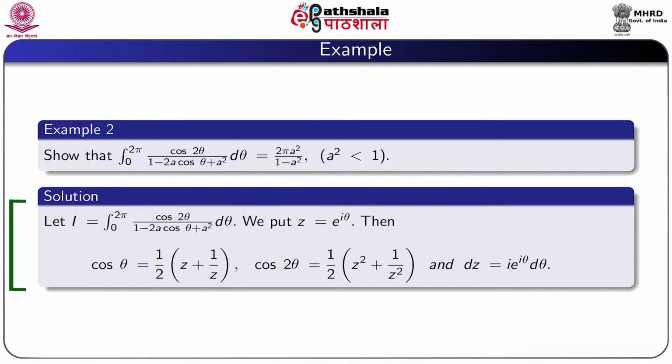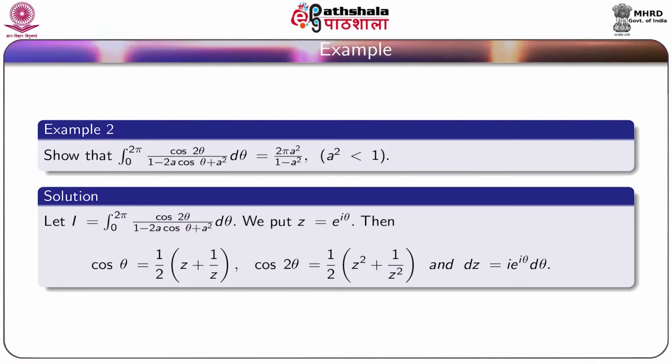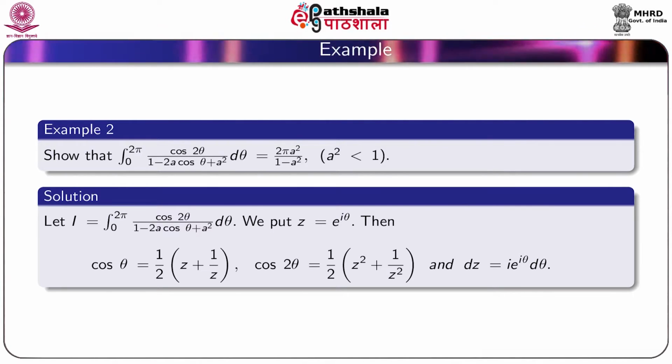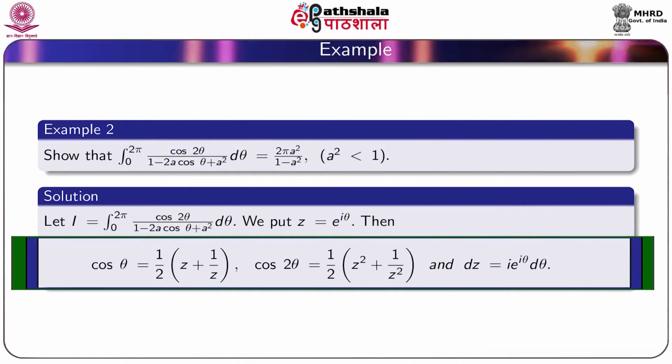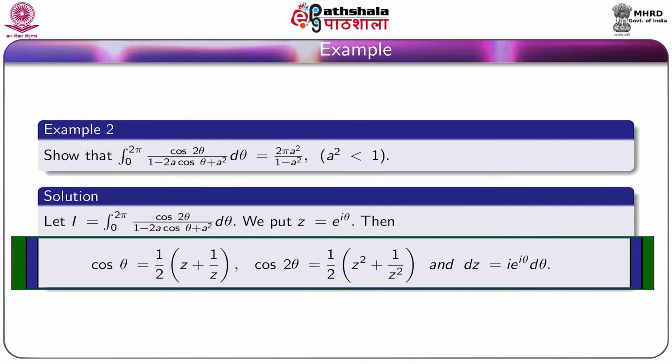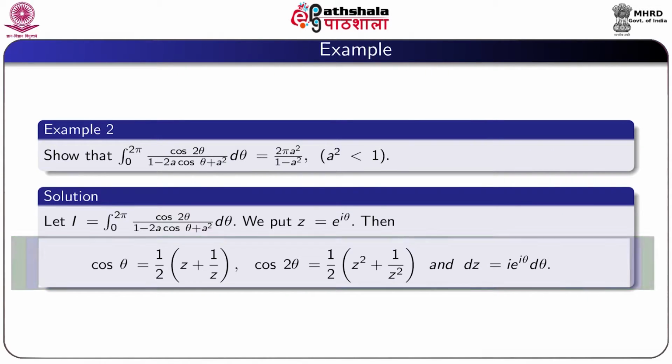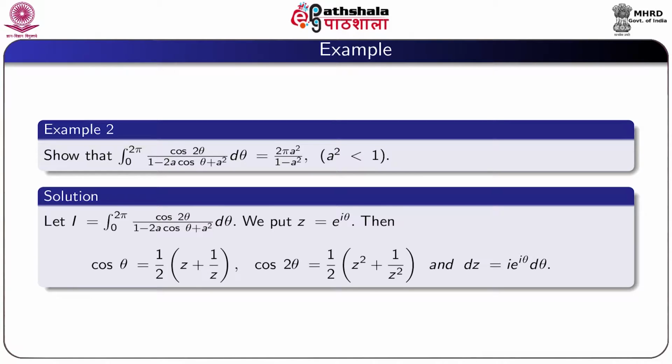Let I equal to integral over 0 to 2 pi cos 2 theta by (1 minus 2a cos theta plus a^2) d theta. We put z equal to e^(i theta). Then cos theta equal to half (z plus 1 by z), cos 2 theta equal to half (z^2 plus 1 by z^2), and dz equal to i e^(i theta) d theta.